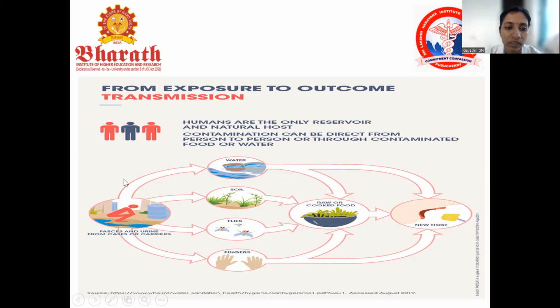Feces or urine from cases or carriers, either by direct contact by the person who is cleaning or washing, or another sibling who touches by mistake, can be a problem. Otherwise, even from water, soil, flies, and fingers. This can contaminate raw or cooked food and enter a new host. That is also one of the routes of transmission.